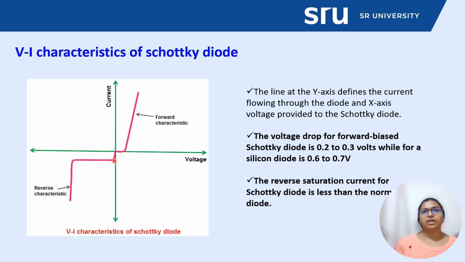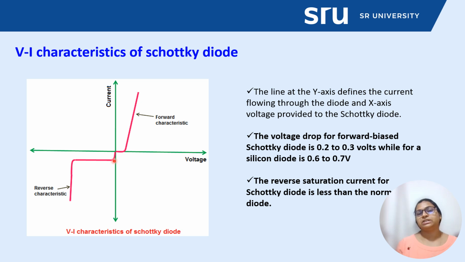So if we make a comparison between the Schottky diode and the PN junction diode, what are the different features we are getting here? In the Schottky diode the free electrons carry most of the electric current, and holes carry very negligible current.